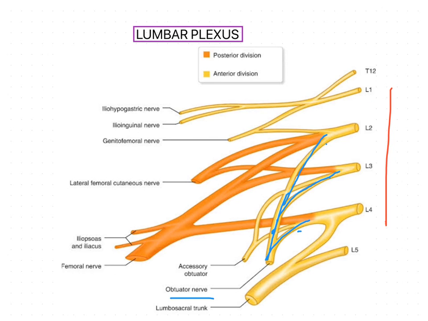Sometimes only the ventral branches of L3 and L4 form the accessory obturator nerve. This nerve may or may not be present. These are all the branches which are formed by the union of the dorsal as well as the ventral branches.